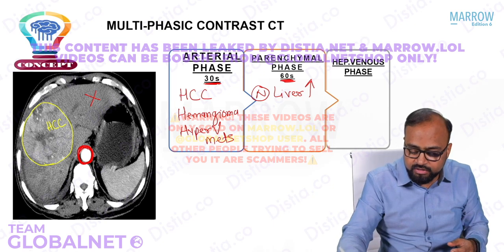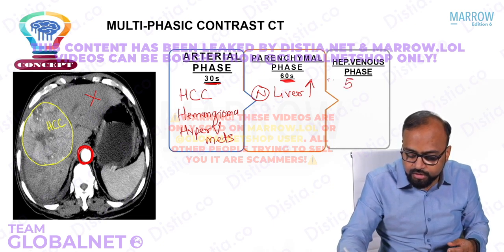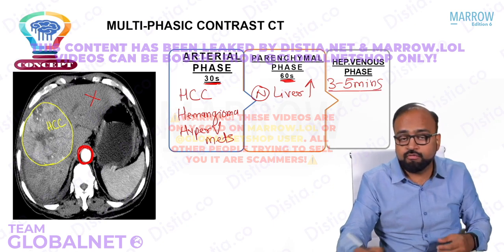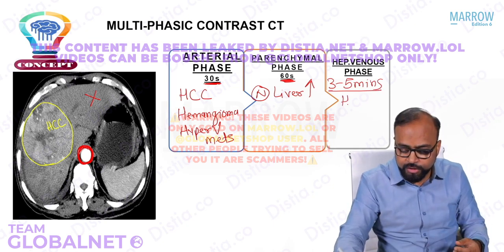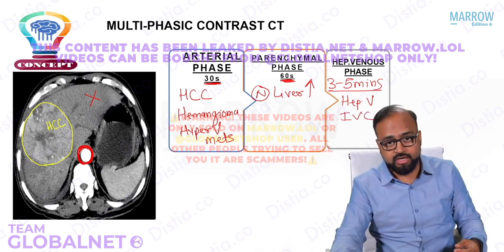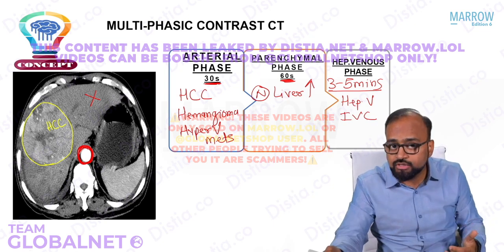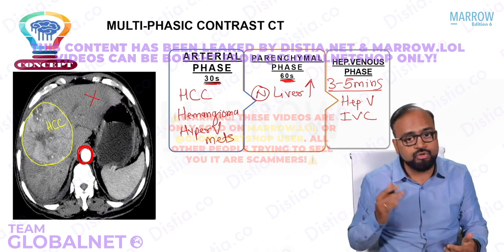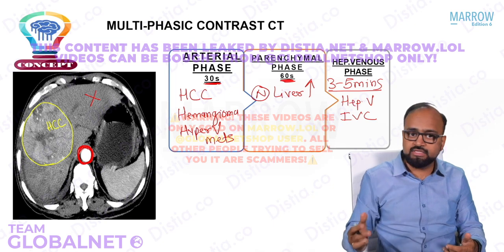Delayed phase or hepatic venous phase is obtained somewhere around 3 to 5 minutes, where from the liver, the contrast will go into the hepatic veins and into the IVC. Any abnormality involving the hepatic veins or IVC, for example Budd-Chiari syndrome, can be diagnosed on hepatic venous phase. So these are various phases.